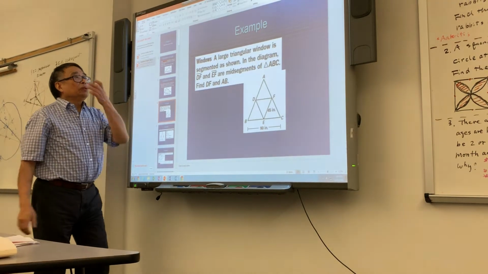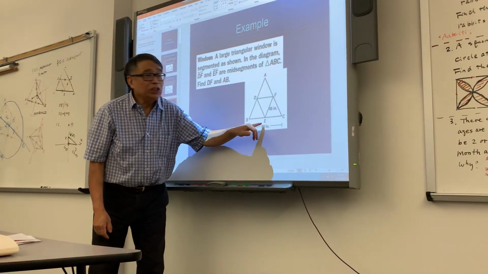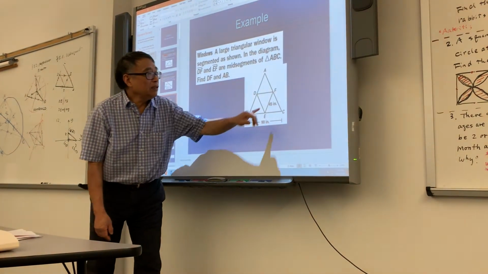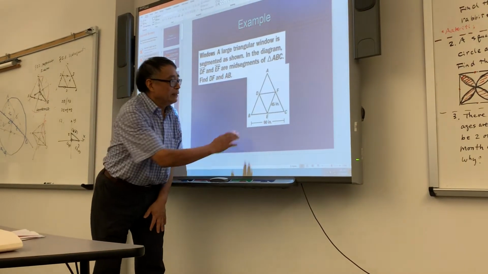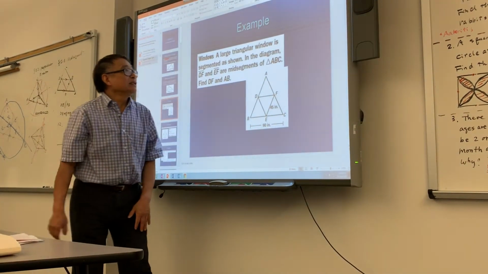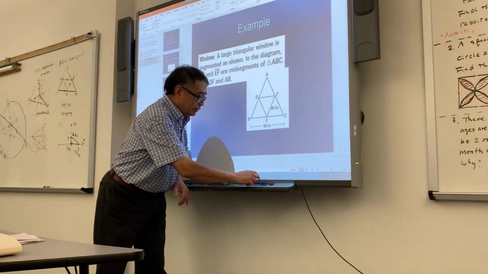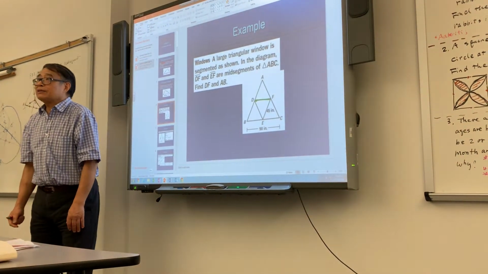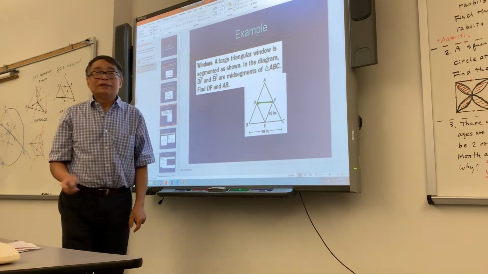Now, we have some examples. D, F, E are midpoints of triangle ABC. If EF is 45 and BC is 90, can you find the length of DF? What is it? Raise your hands. Yes? 45. Thank you. Good.